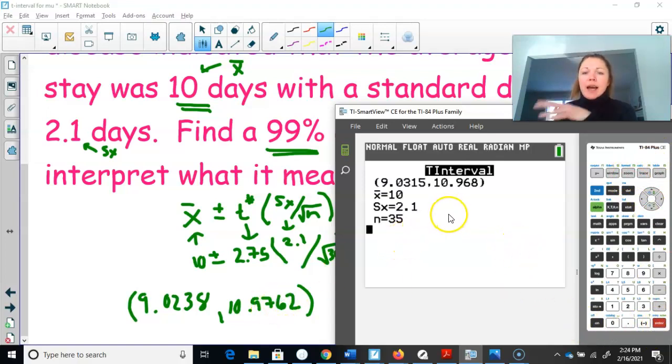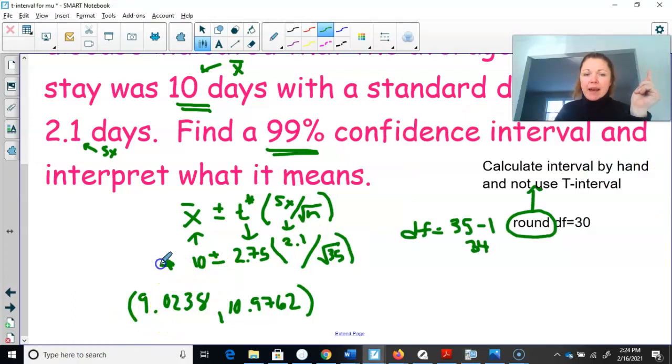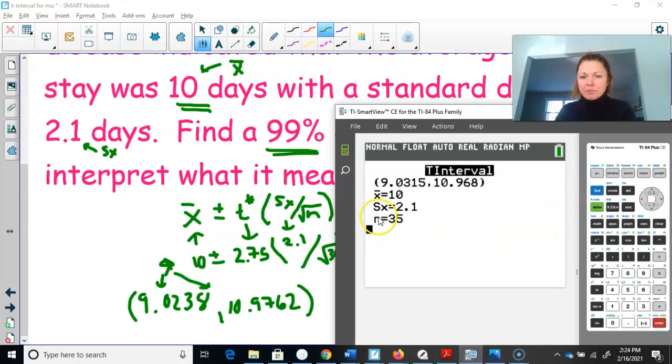Now what you can see, guys, is that it's not off by much, but it is a little bit different. Our interval that we got when we did it by hand was 9.0238 to 10.976. But the interval the calculator gave us is 9.0315 to 10.968. If you put this interval as your answer, you would be dinged just a bit, because the calculator uses the exact T star.